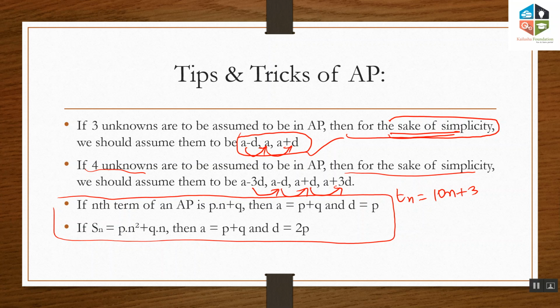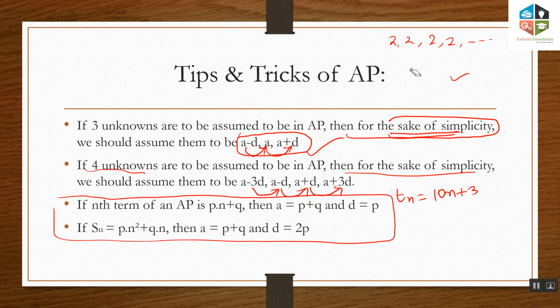So, for example, if the AP is 2, 2, 2, 2, 2, 2, 2, 2, then yes, it is still 0n plus 2. You put the value of n to be 1, 2, 3, 4, 5, 6, anything, you will always get 2.